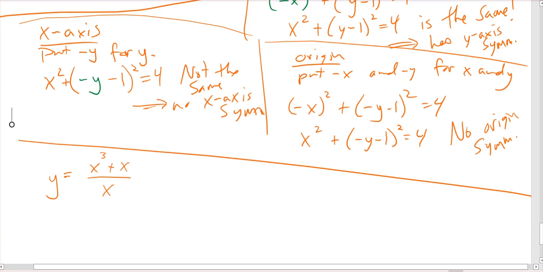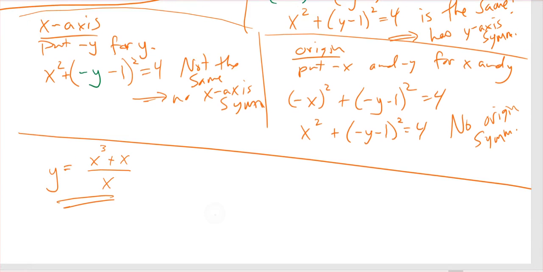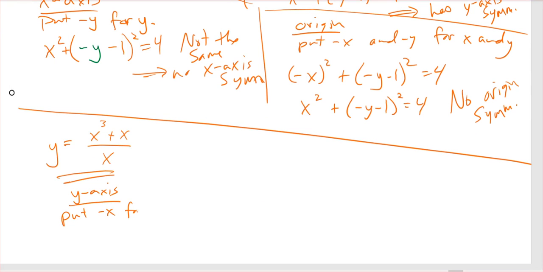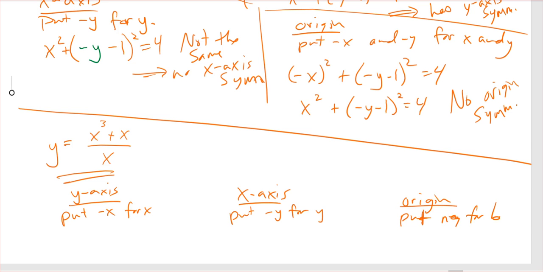So if I want to test for y-axis symmetry, I'm going to put negative x for x. If I want to do x-axis symmetry, I'm going to put negative y for y. If I'm going to do origin, I'm going to put negatives for both.